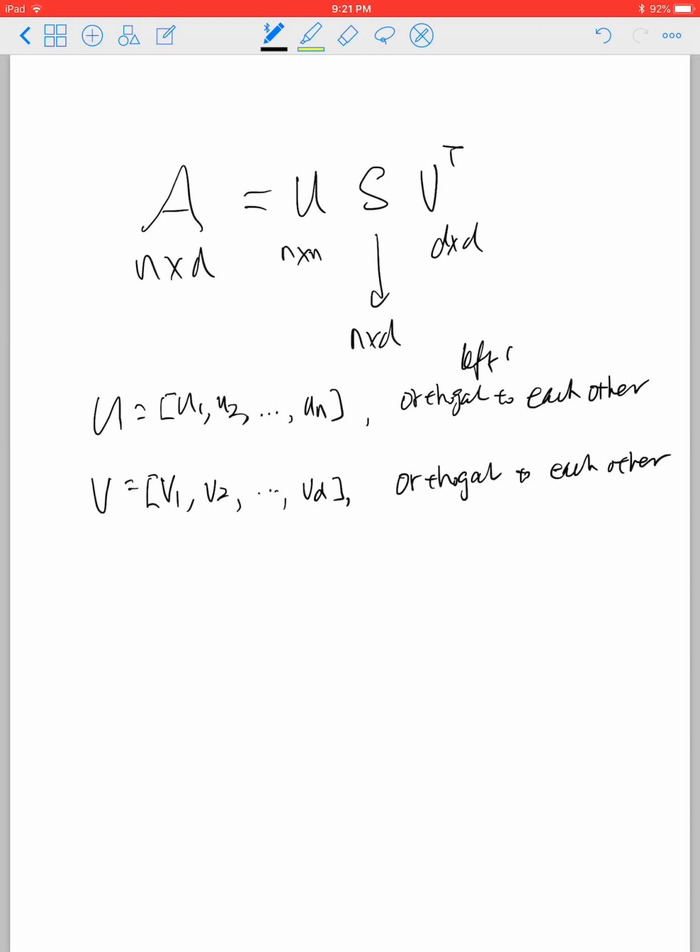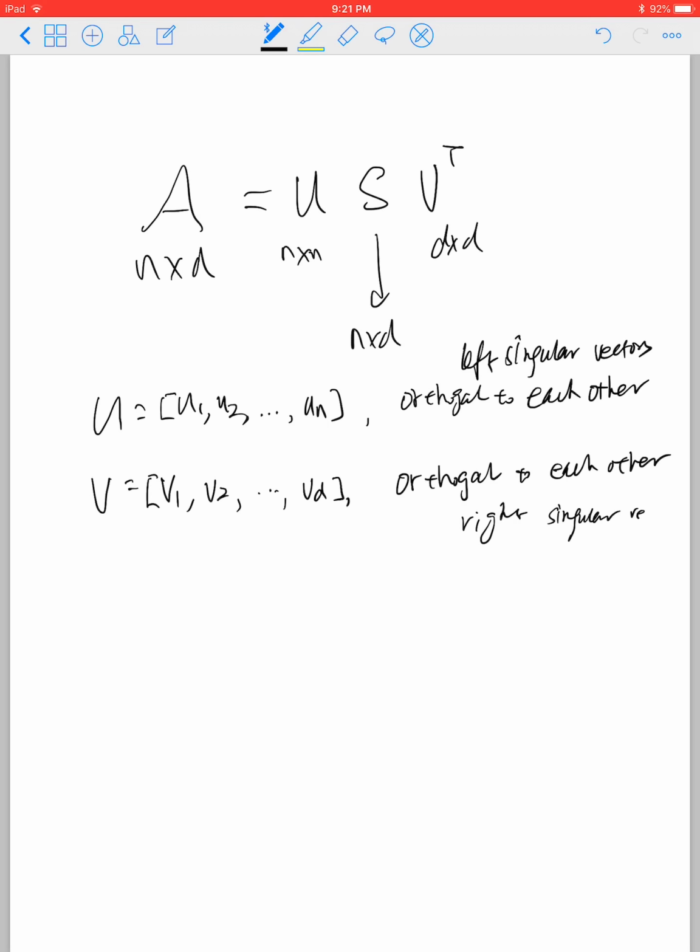For an arbitrary matrix A, which we assume has shape n by d, meaning n can be not equal to d, the singular value decomposition says that A can be written as the multiplication of three matrices, namely U, S, and the transpose of V. Here U is an n by n orthogonal matrix, V is a d by d orthogonal matrix, and S is an n by d diagonal matrix.